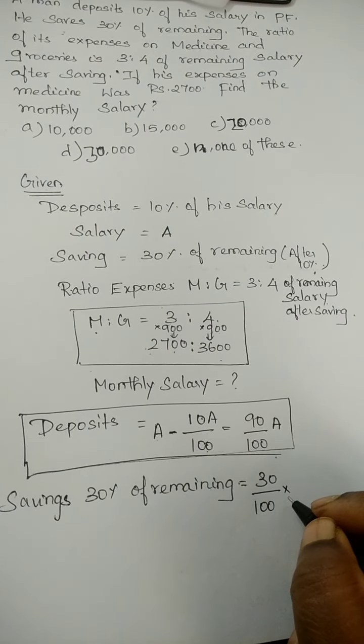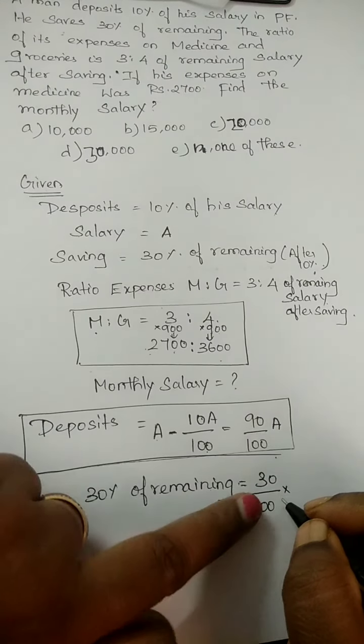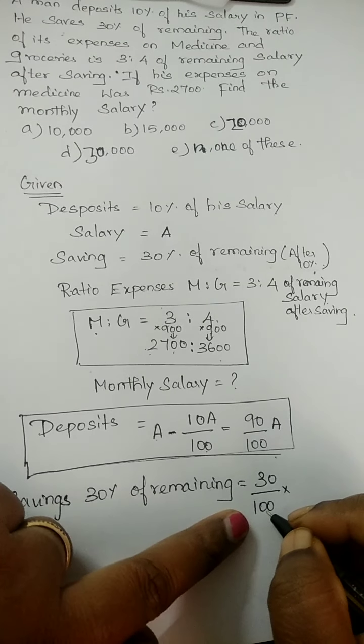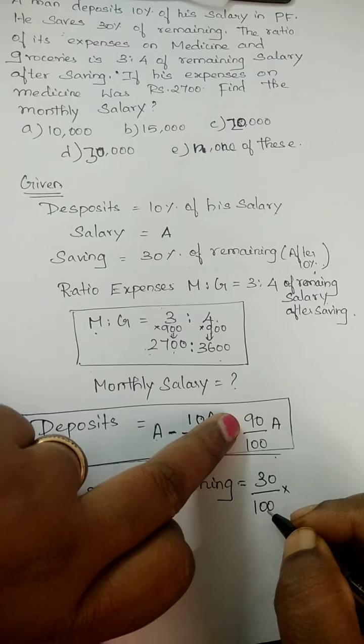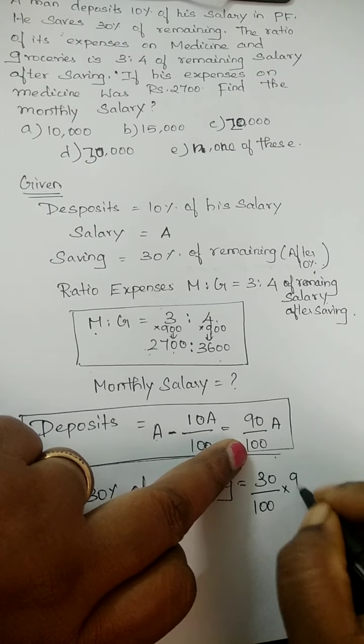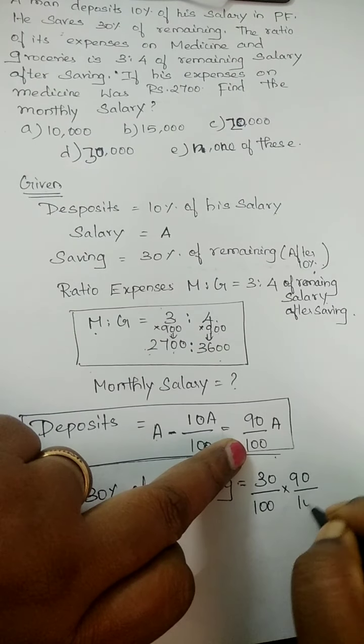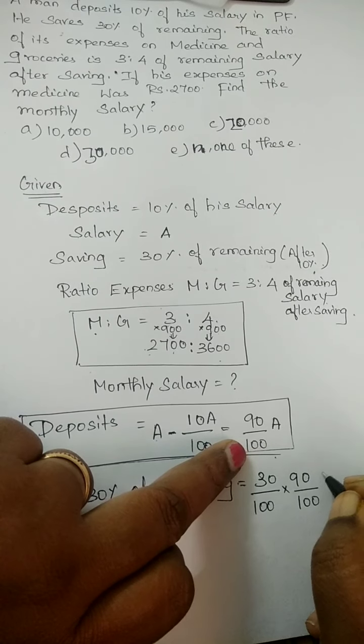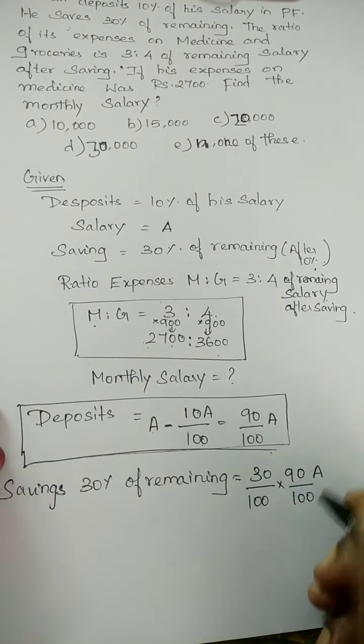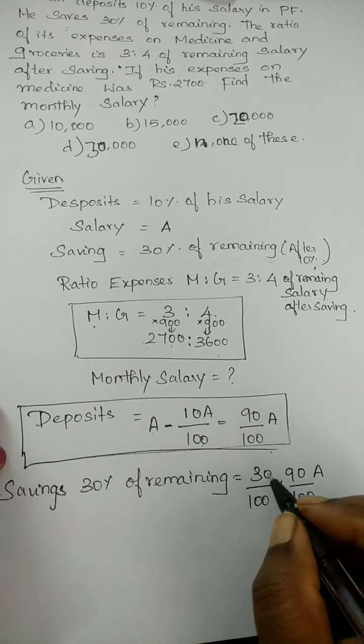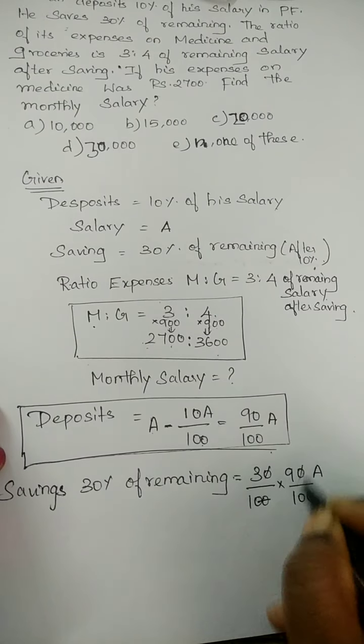After deposit only he saves, so we have to multiply with the deposit we already found, 90A divided by 100. Just multiply it, cancel the zeros.